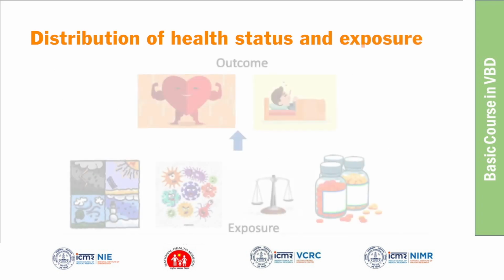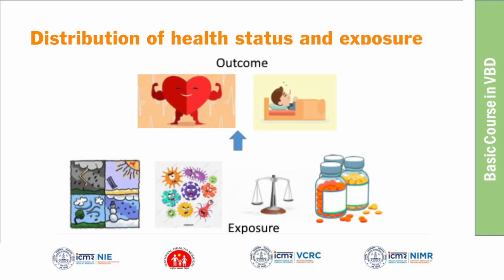So, how can we describe a health-related event or state or a disease at the population level? The outcome may be a health-related outcome, status, or a disease condition.